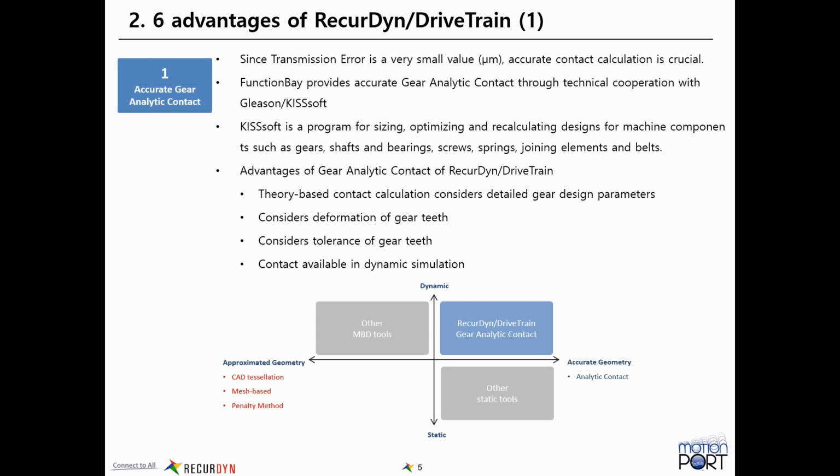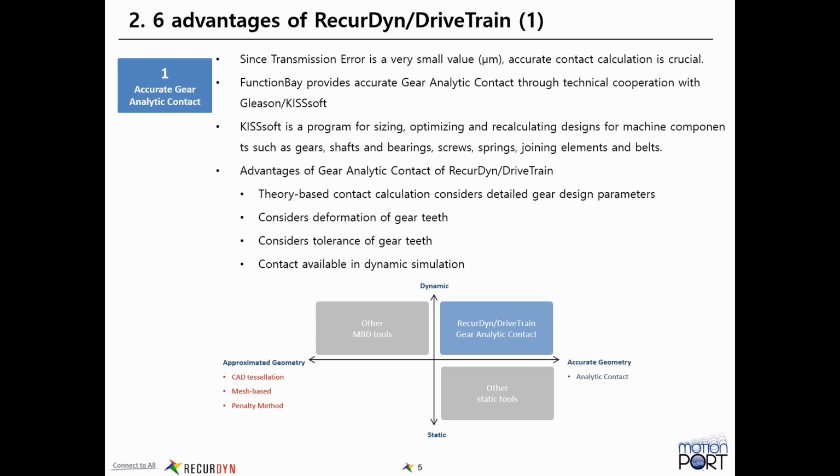KSSoft is, again, a program for sizing, optimizing, and recalculating designs for machine components, such as gears, shafts, and bearings. And so the advantages of the gear analytic contact of the RecurDyn DriveTrain toolkit are that with KSSoft you have theory-based contact calculation, which considers all the detailed gear design parameters.